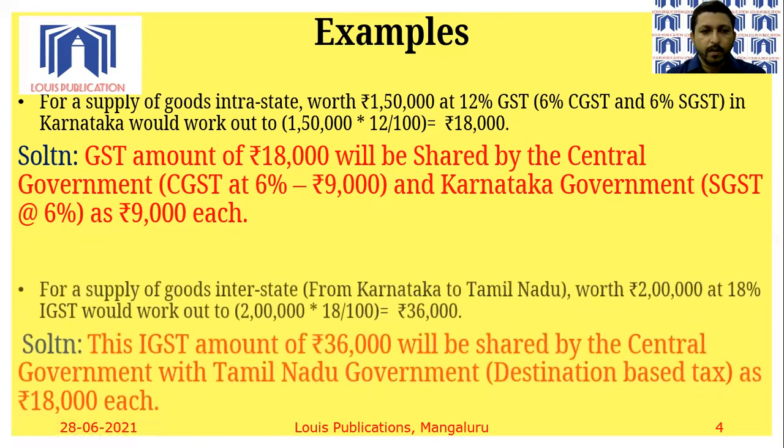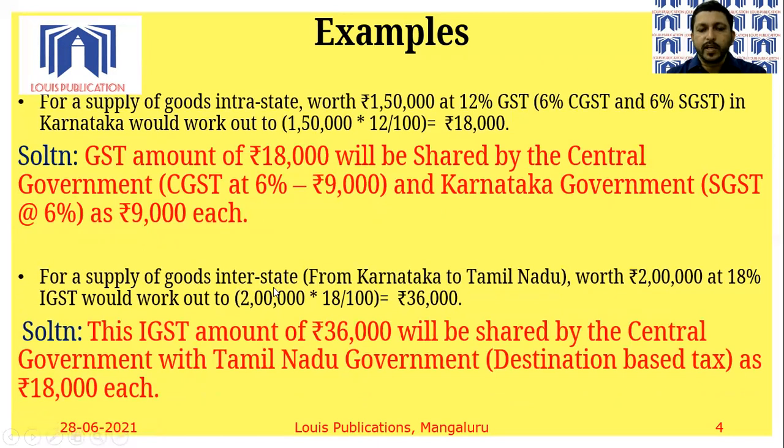Next example. For a supply of goods interstate, say from Karnataka to Tamil Nadu. Tamil Nadu is the state of the recipient, destination-based consumption tax. The transaction value is 2 lakh rupees. GST is 18%, and the GST applicable for interstate would be IGST. And 2 lakh into 18% would work out to 36,000.